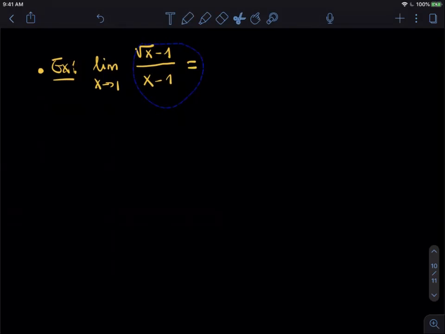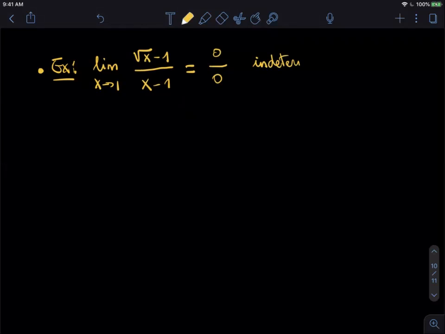So this is a quotient of functions. So the limit of a quotient is the quotient of the limits, and these are standard functions, so we can just evaluate x equal to 1. But then what we get is 0 divided by 0, which is an indetermination. So we need to figure this out. You can say that it's an indetermination or it's undefined.